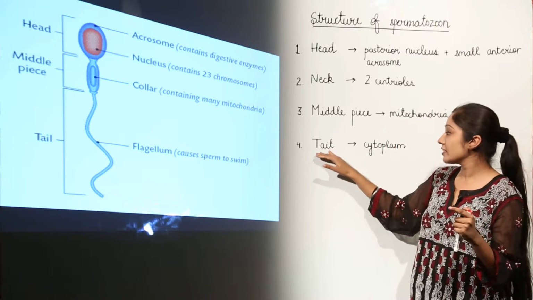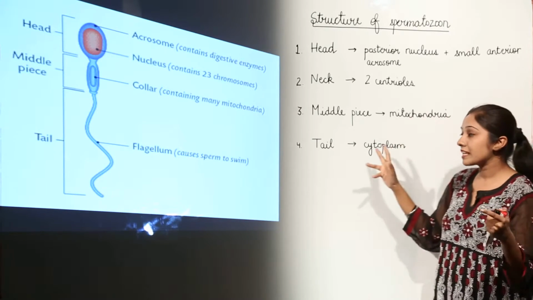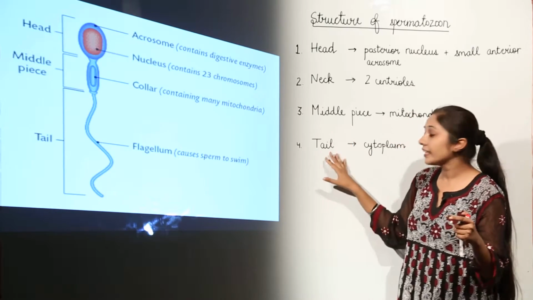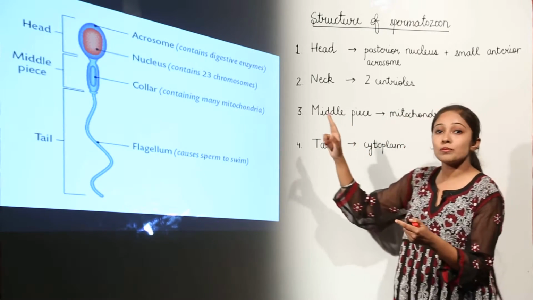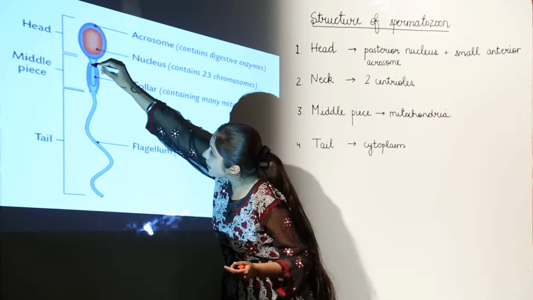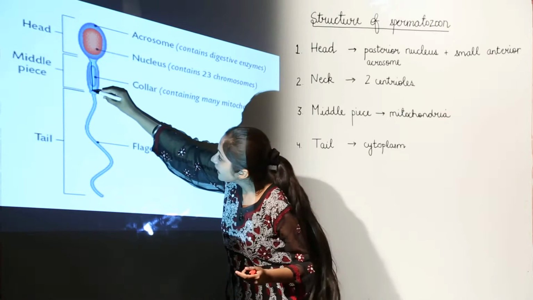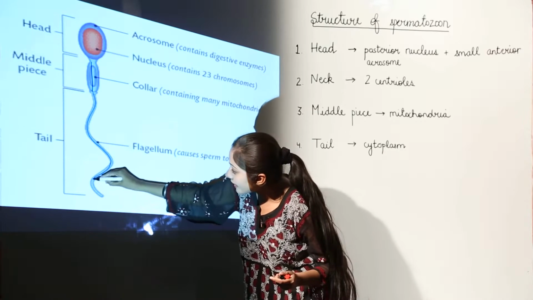The next region is the tail part. This tail is mainly composed of cytoplasm, and sometimes, generally in humans and mammals, the axial filament is going to be free after this flagellum. So I can draw it like this. If here we have an axial filament, then this is going to be in the entire tail region.